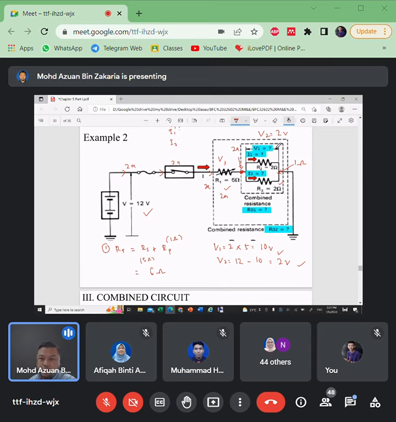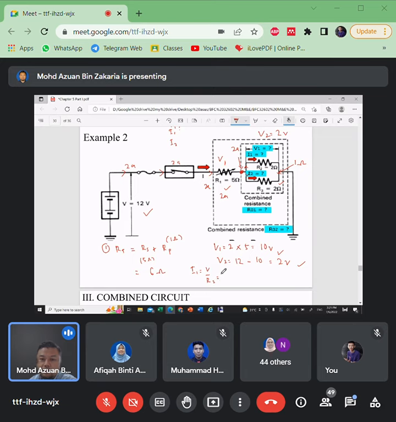So when we already obtain these volts, then we can calculate the current in each branch. So let's say, what is I1, I2? I1 means V over R2.